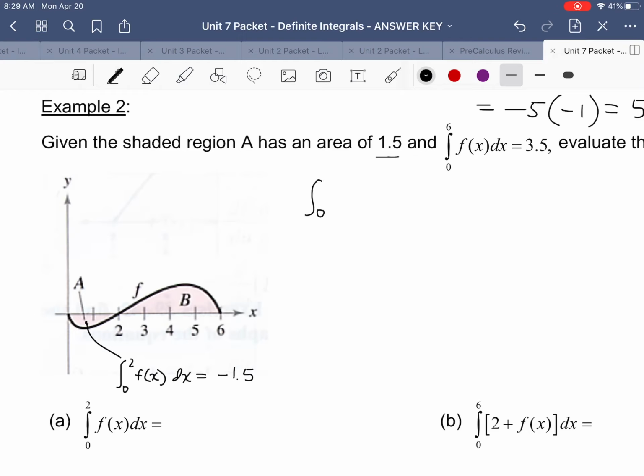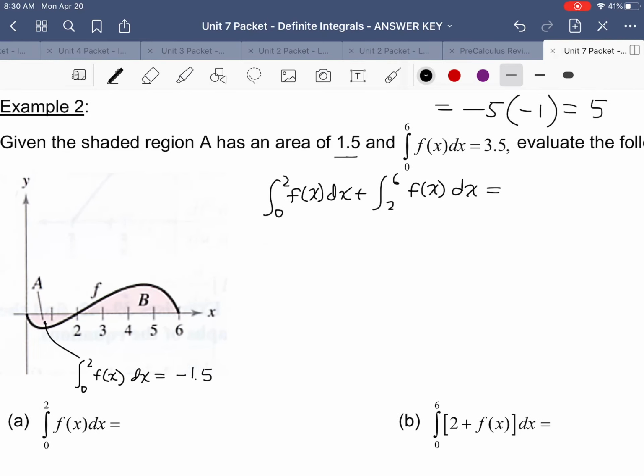So we're going to take the integral on the interval of 0 to 2 of f of x dx, add to that the integral on the interval of 2 to 6 of f of x dx, and that's going to equal the integral on the interval of 0 to 6 of f of x dx.